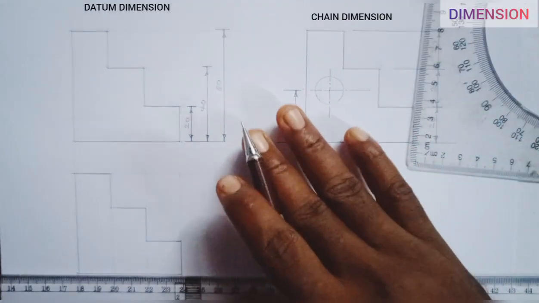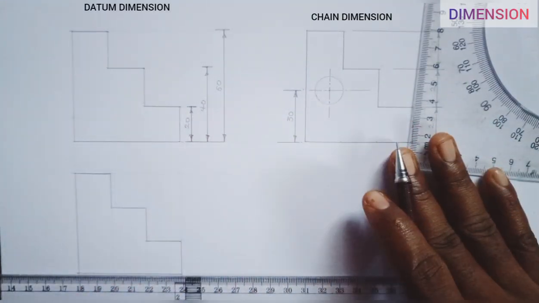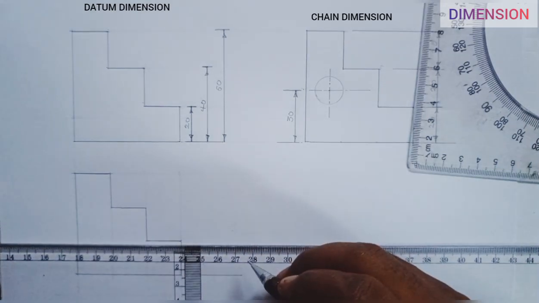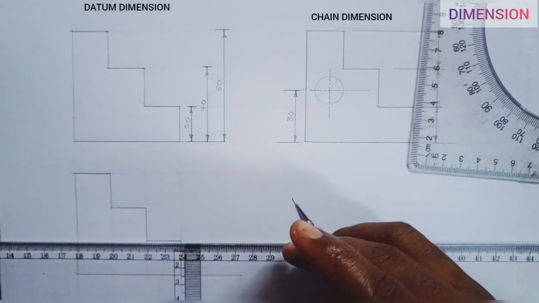Unidirectional, this is what we call the aligned system, right? So let's see the unidirectional here. The same thing, using the same thing here, right? Then I'm going to take the same measurement here.